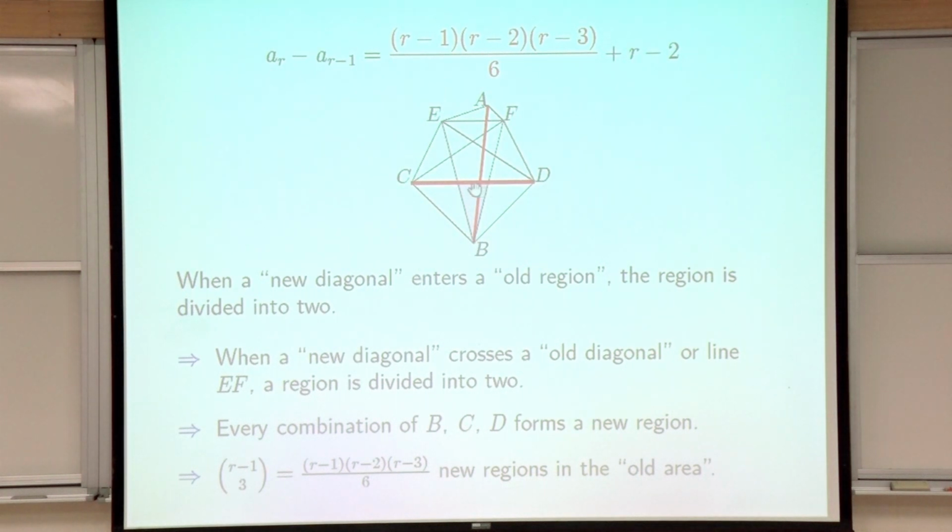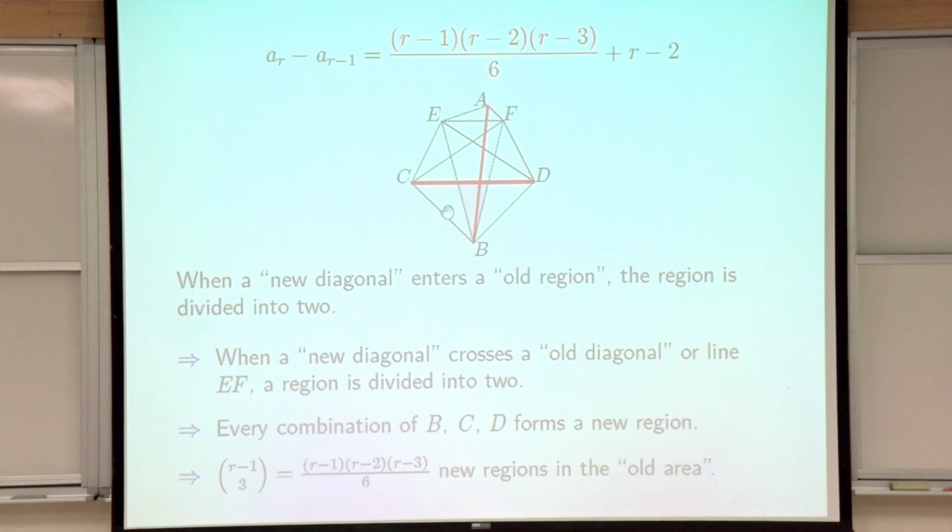And when it goes through the old region, it actually also goes through one of the old diagonals, or the line EF.